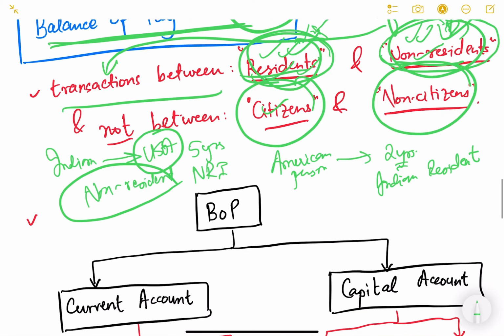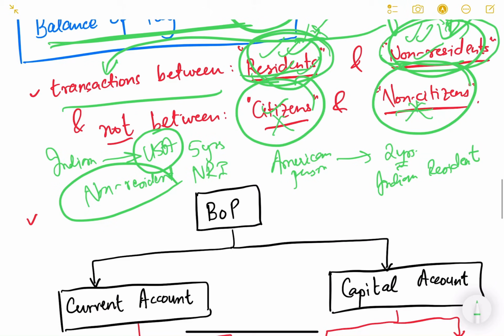Please keep this in mind, and not between citizens and non-citizens. So it is not a transaction between, say, Indian and American or Indian and Pakistani. No, it is not like that. It is a transaction between Indian residents and Indian non-residents, non-residents who are not in India. They can be foreigners, they can be Indians also.